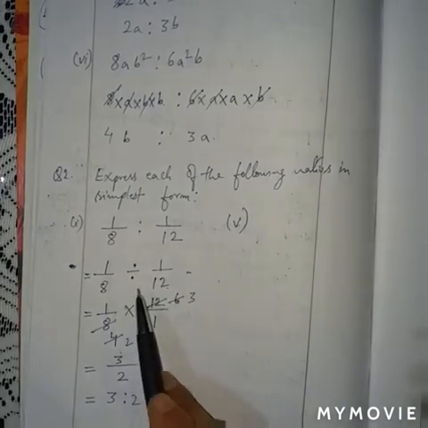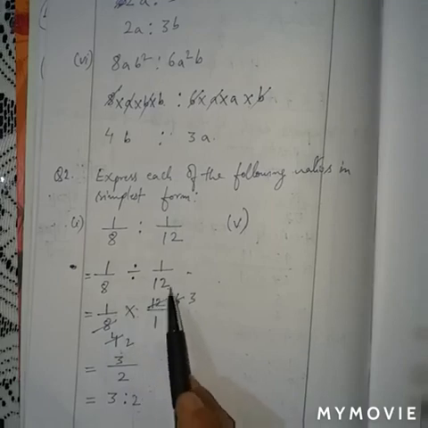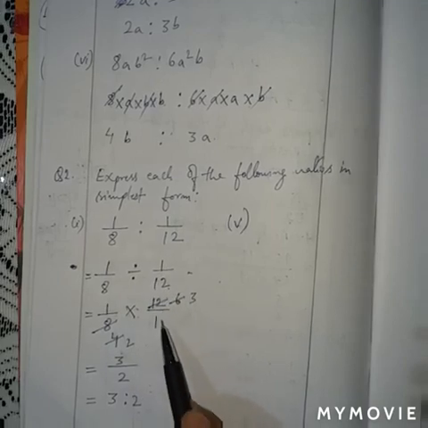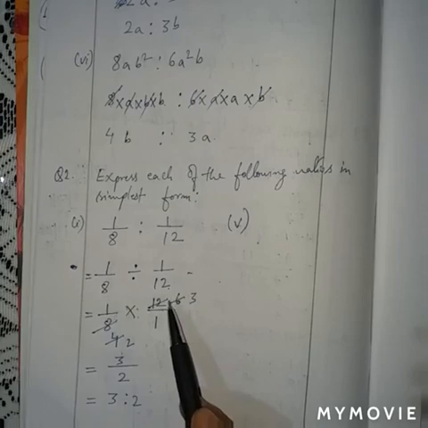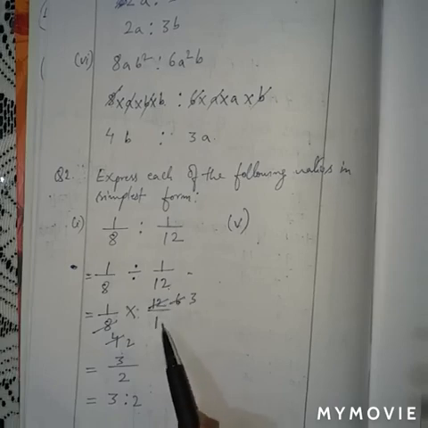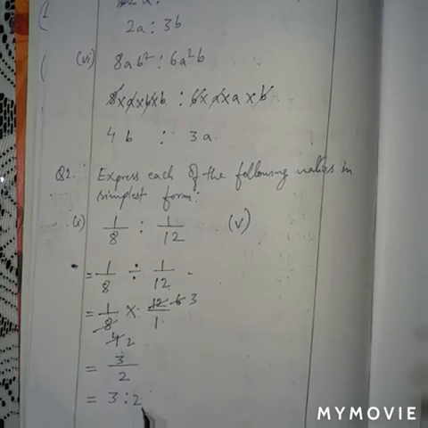And in the next step, this division I have changed into a multiplication sign. Because of that, this fraction is becoming reciprocal. That is, 1 is going to the denominator and 12 is coming to the numerator. Okay, so here the cancellation and the answer.